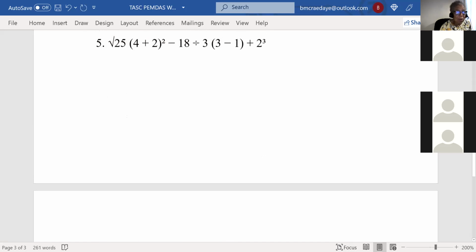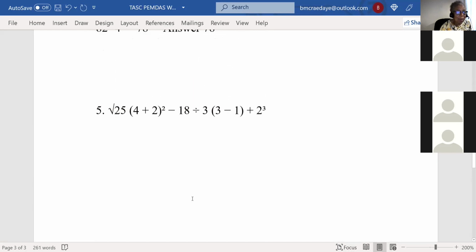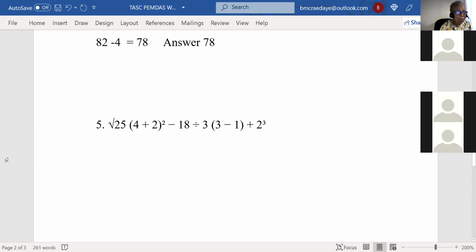Okay, let's go to this one. Now that says the square root of 25 times 4 plus 2 to the second minus 18 divided by 3 times 3 minus 1 plus 2 to the third.